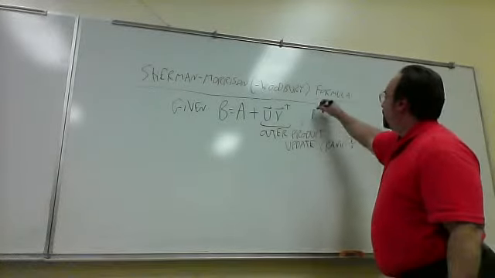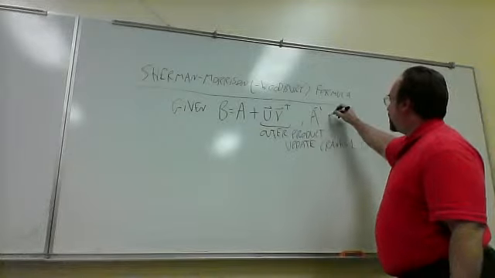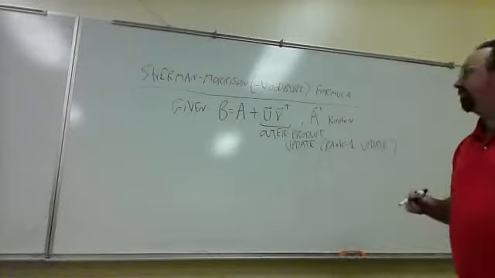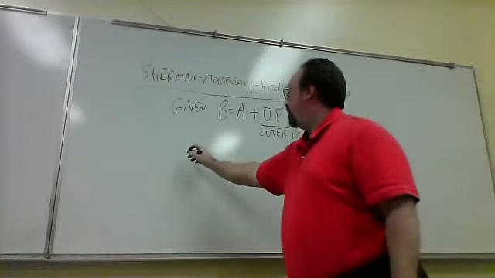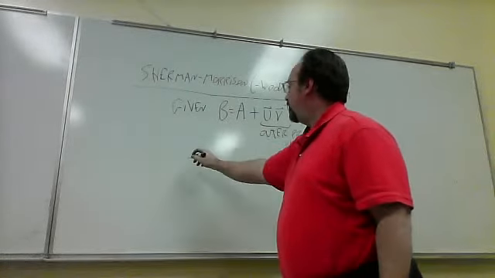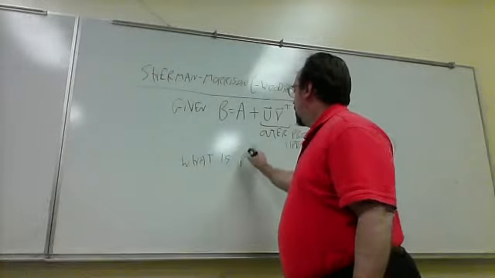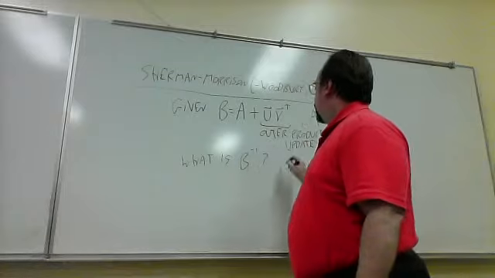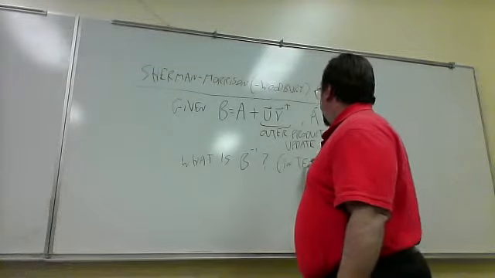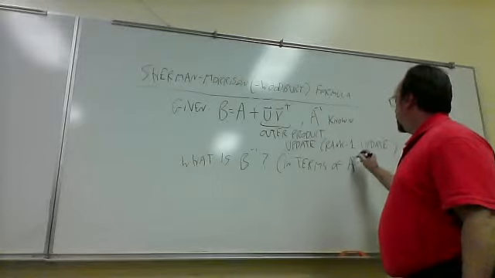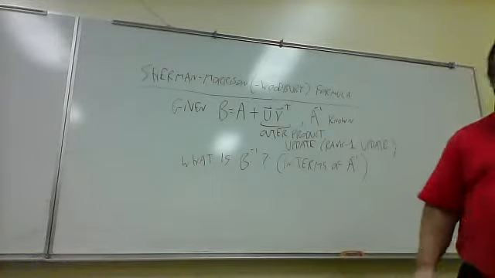We're also going to assume that A inverse is known. So the problem we're going to solve with the Sherman-Morrison formula is: what is B inverse? Can we come up with a nice formula for B inverse in terms of A inverse?